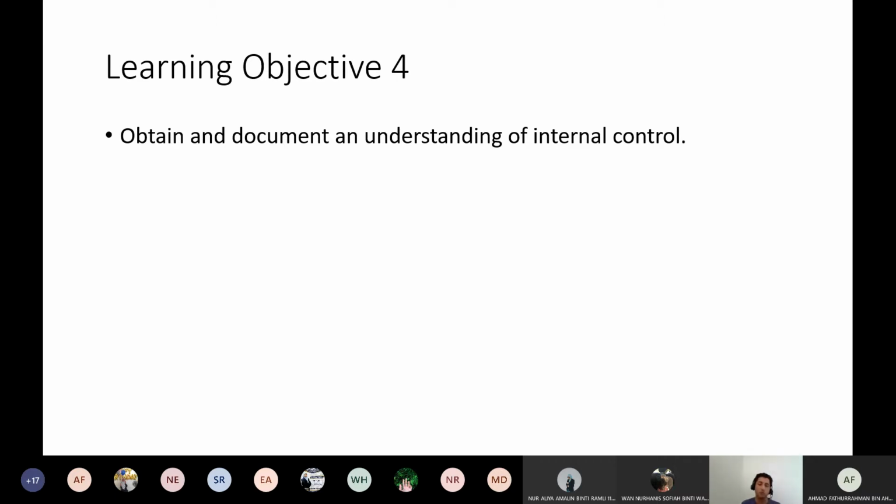Okay, so what I would like you to take note of here is that the management should establish those five components in the company. They should have established a control environment. They should have assessed the control risk in their company.